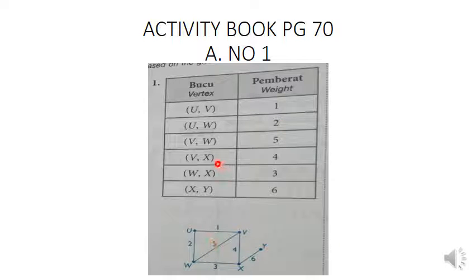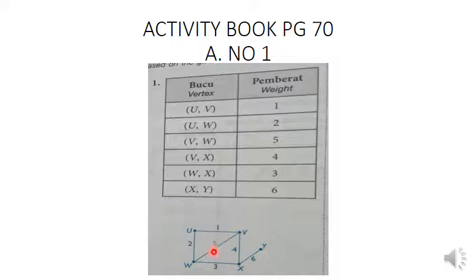And then VX. You already have vertex V. Add one more point and then put vertex X, and then you join VX and put the weight 4. And then one more, WX.